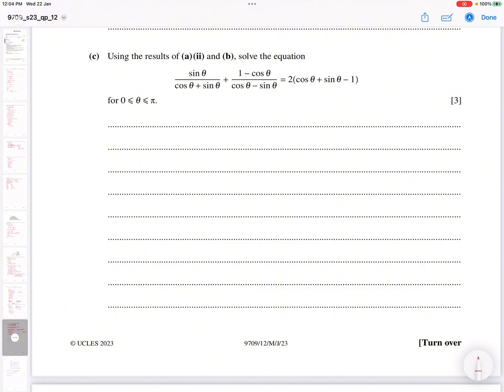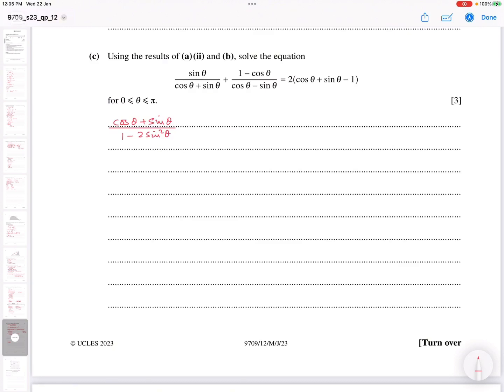We can replace the left hand side with the result in part B. So I can write cos theta plus sine theta over 1 minus 2 sine square theta.